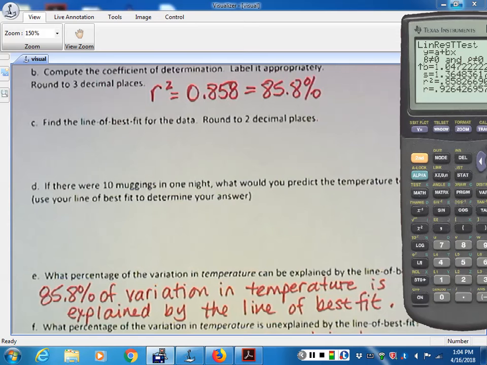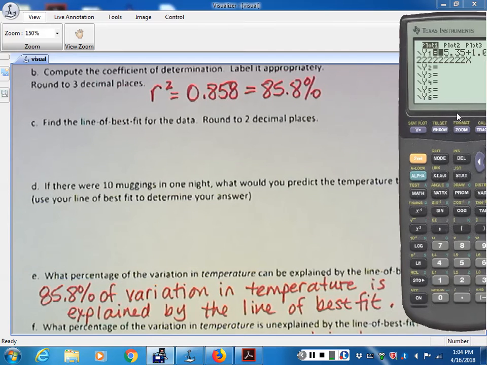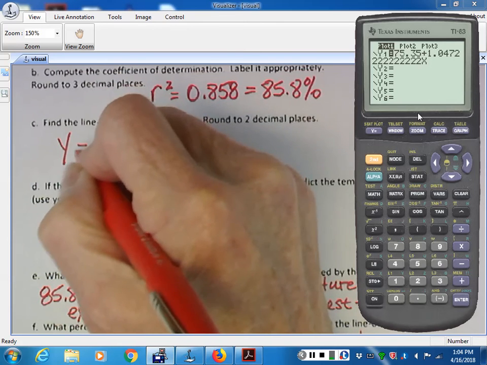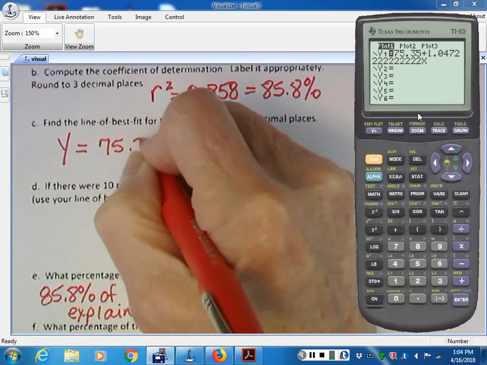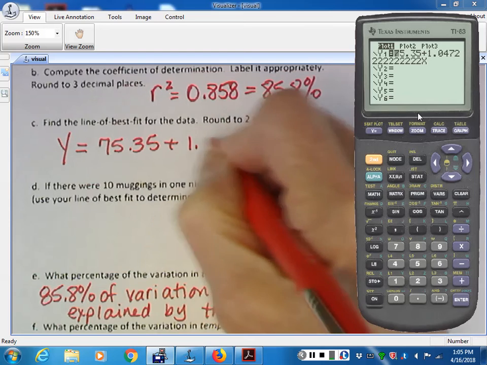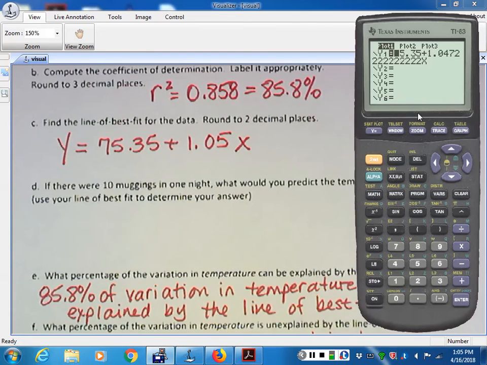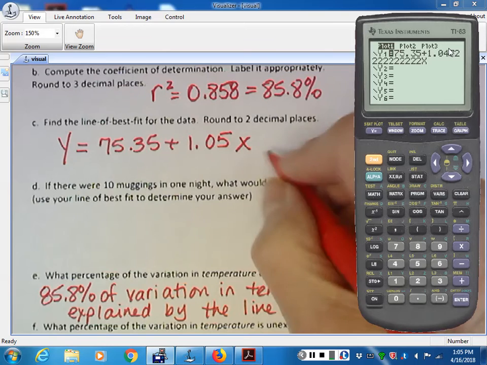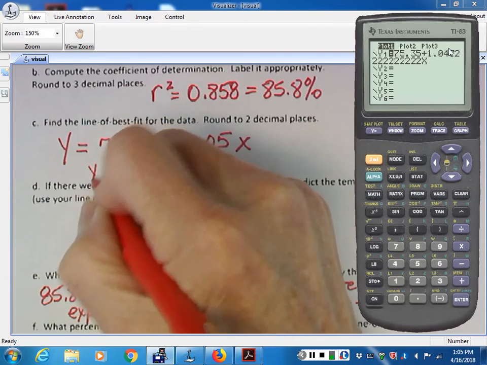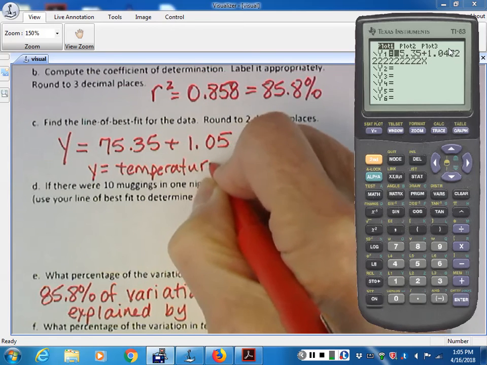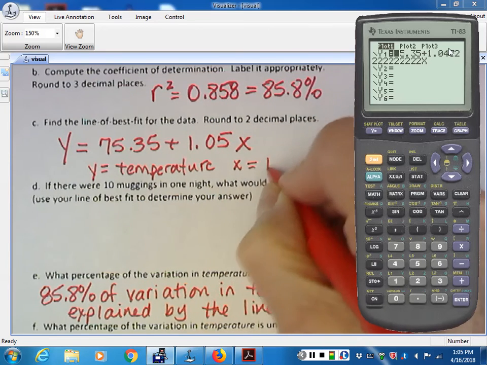And the line of best fit actually changed as well. The line of best fit is now 75.35 plus 1.05 times x. And y again is temperature, and x is the number of muggings.